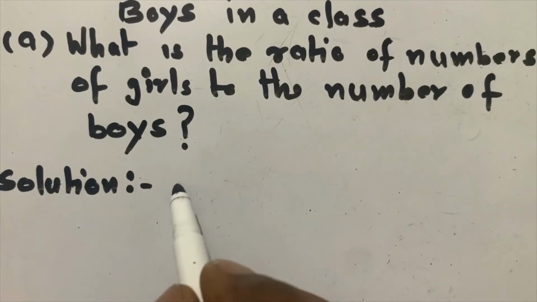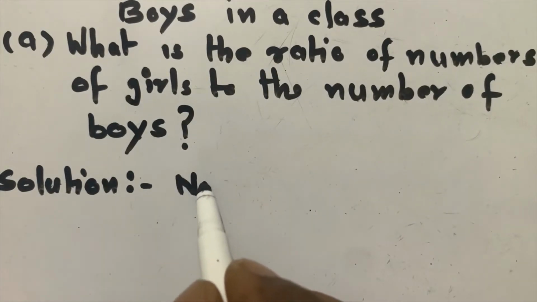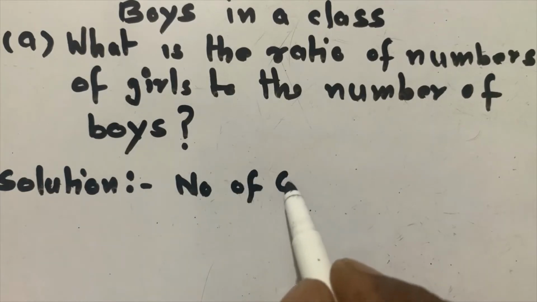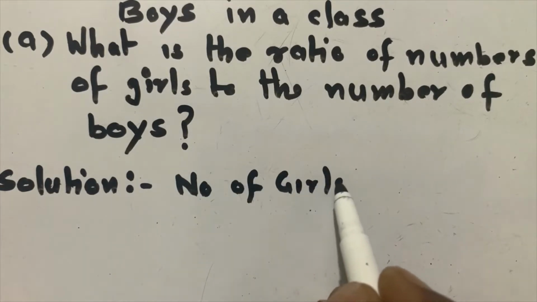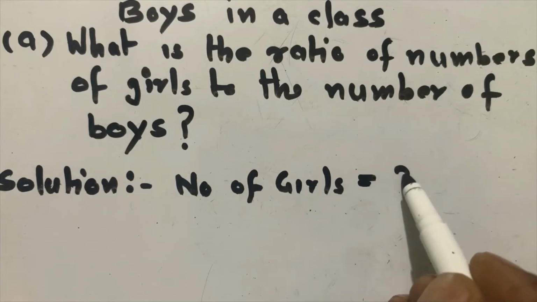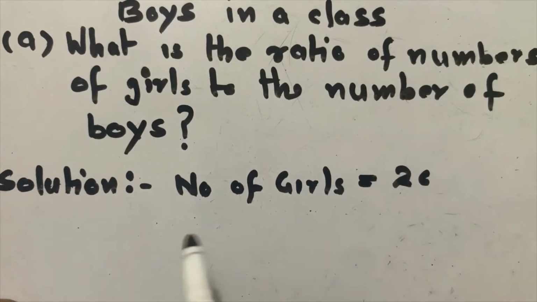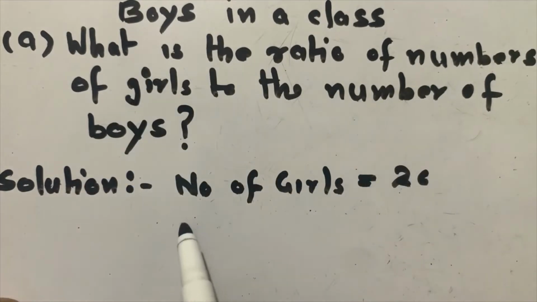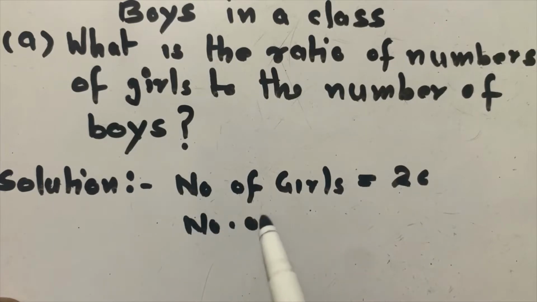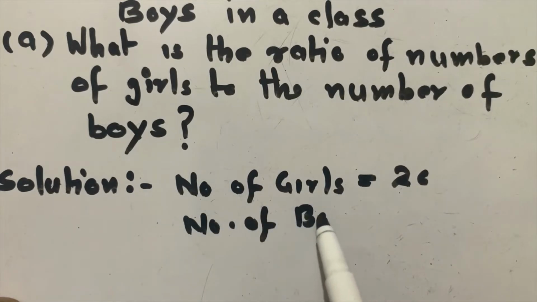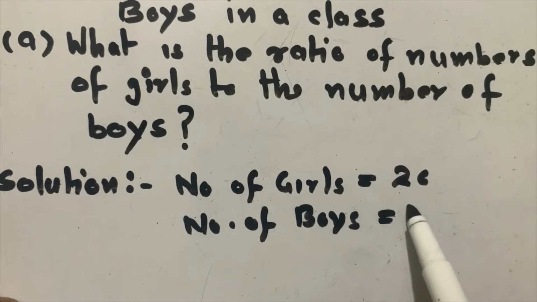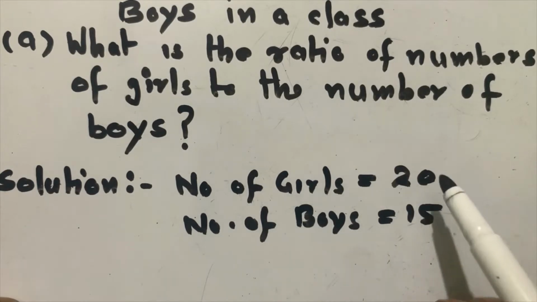There are 20 girls. Number of girls is equal to 20, and 15 boys in a class. Number of boys is equal to 15.